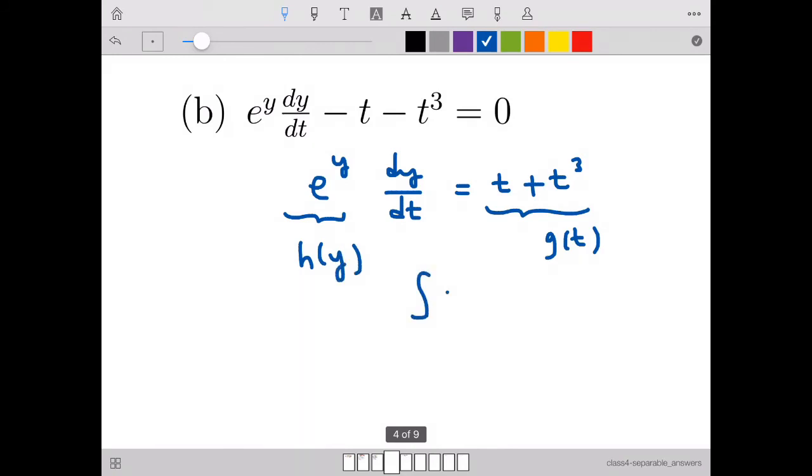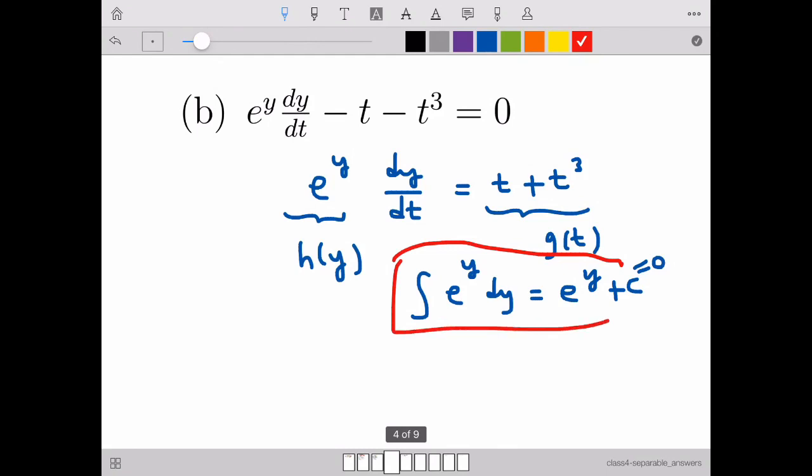Since the antiderivative of e to the y dy is e to the y plus c, and we want one big F, we take c to be 0. So that is our big F of y, right? So this is equal to the derivative with respect to t of e to the y.